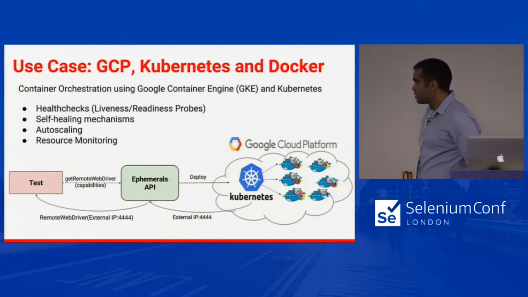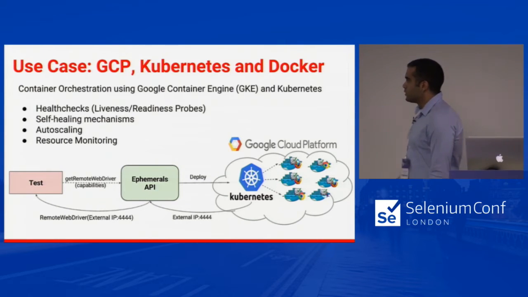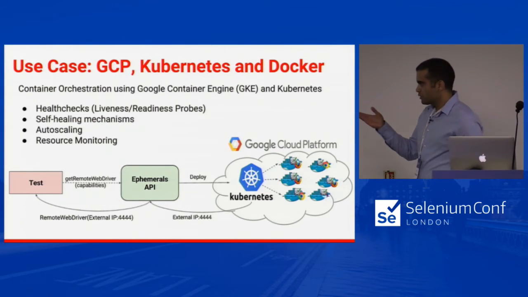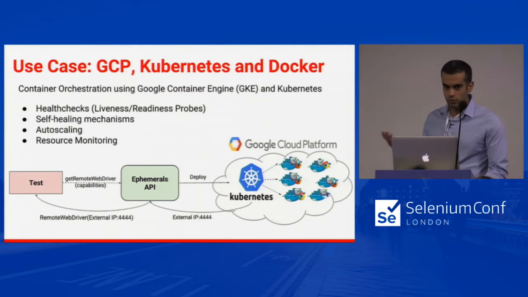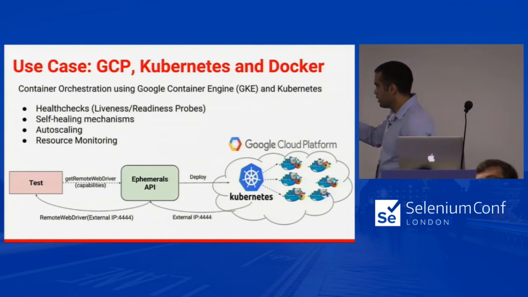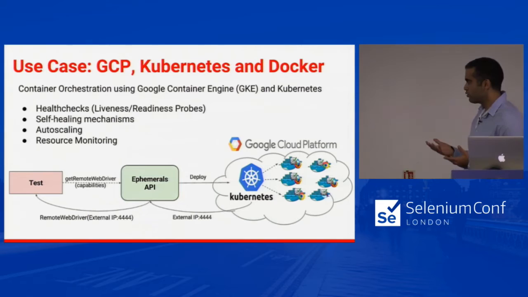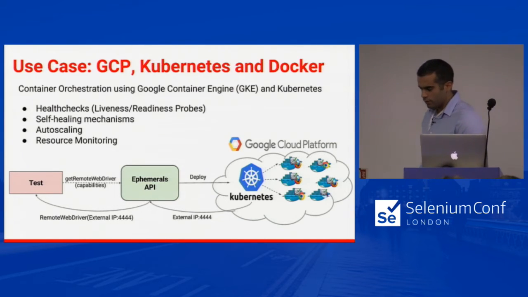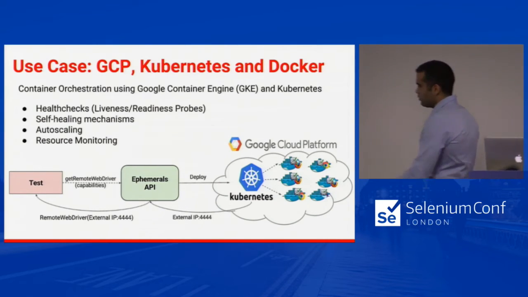And we did the container orchestration using Google Container Engine and its built-in Kubernetes cluster manager, in such a way that if I want a new browser session now, I can call the Ephemerals API and ask it for a deployment task of a new browser, and it will communicate with the Kubernetes cluster manager inside my cluster of VMs, and Kubernetes will spin up a new Docker container for me, and it will return the external endpoint which was exposed by the cluster, and I can initialize my new remote web driver based on this external endpoint.